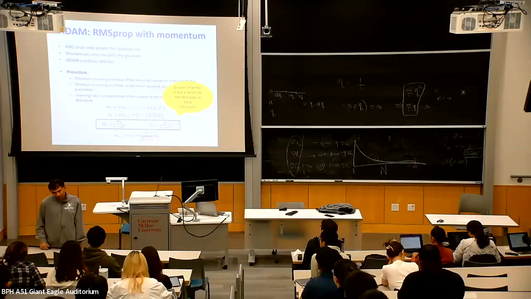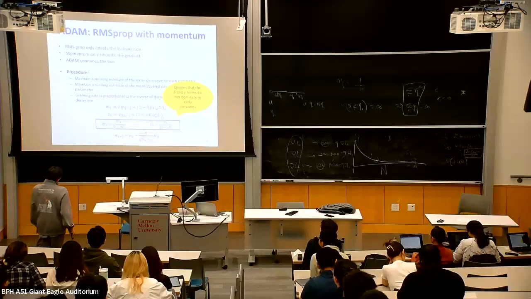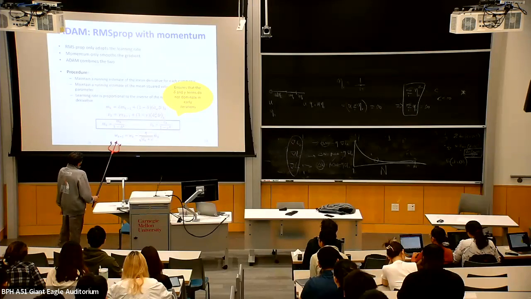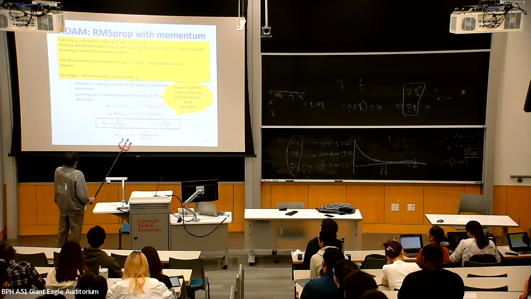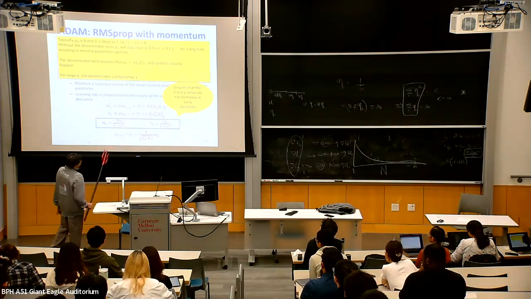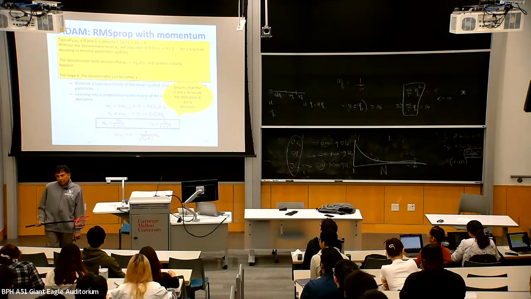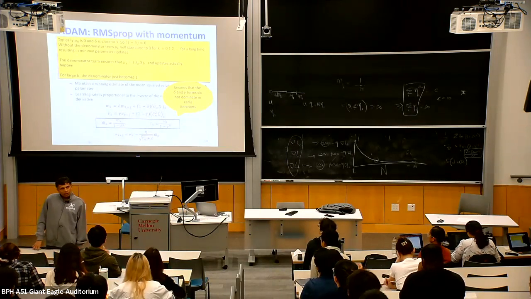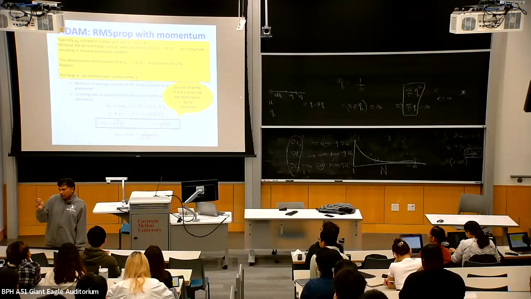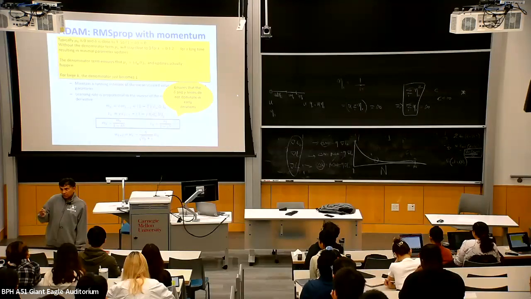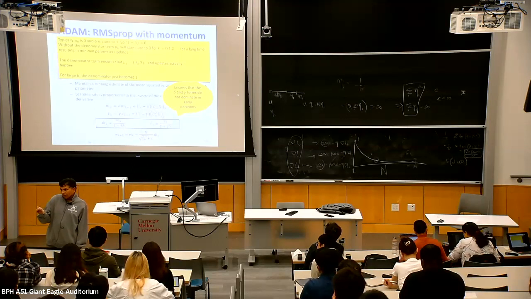There's one little quirk over here. Because you're using running averages, your delta is typically going to be close to 1. So if delta is close to 1 and your initial estimate for all of these terms is 0, then in the beginning, 1 minus delta is going to be a very small value.